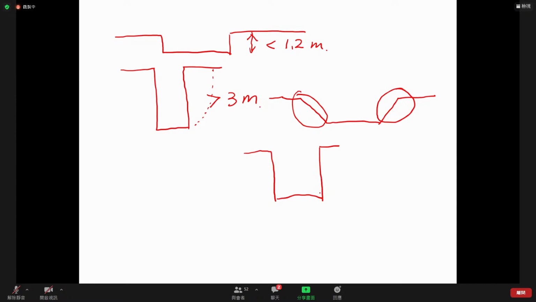So this is the excavation. So we can construct a retaining wall here and the retaining wall here. So in this case, we can make sure the excavation is stable. And in some other cases, you may also find we use struts to support the excavation, or we can also use soil anchors behind the excavation to support. Okay.